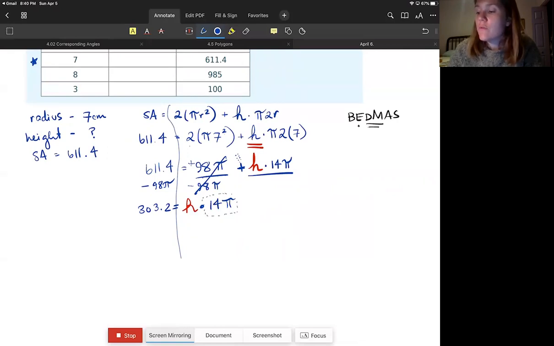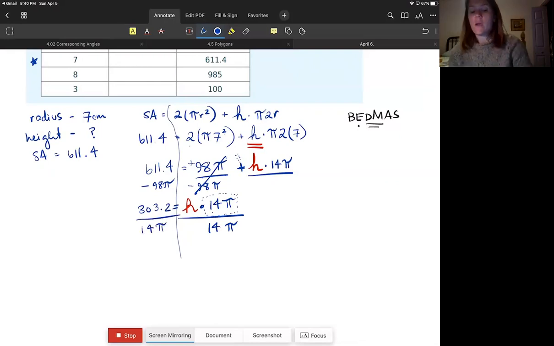And because I'm multiplying, to get rid of it I want to do the opposite, and that is divide. So I want to divide both sides by 14 pi. Okay, so now I take this number, 303.2, divided by 14 pi.